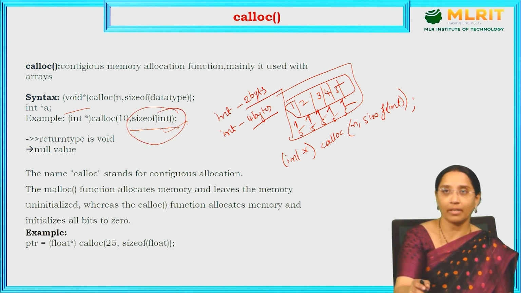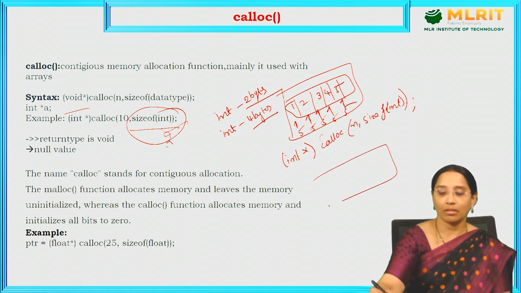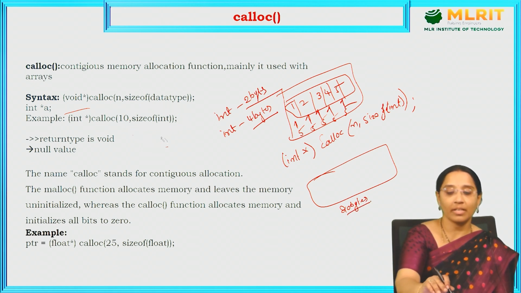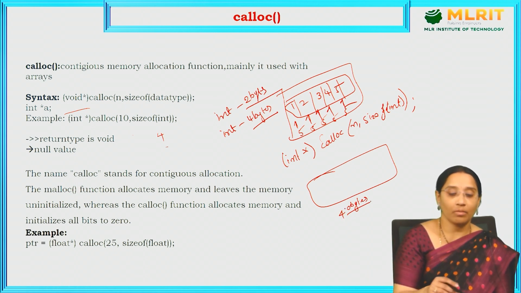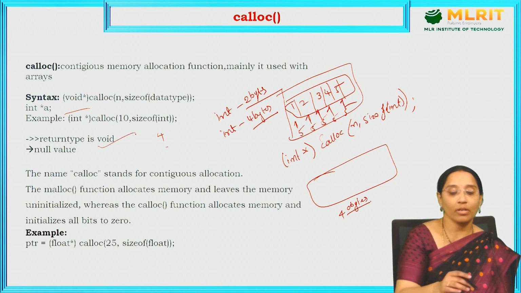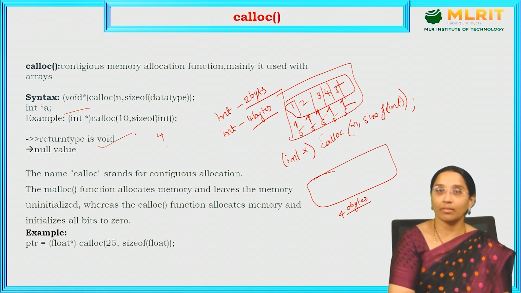If an integer takes 2 bytes, 2 into 10, so 20 bytes of memory will be allocated. If an integer takes 4 bytes, 4 into 10, so 40 bytes will be allocated. So there is no wastage of memory. On success it will return the void pointer, and if not it will return null.